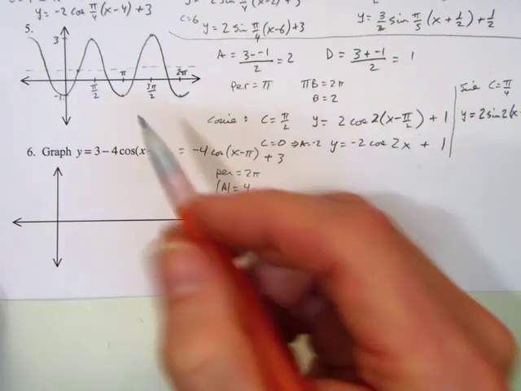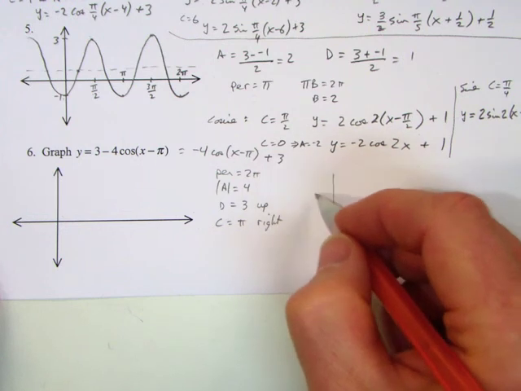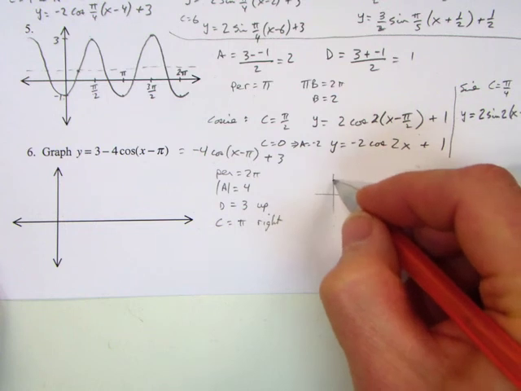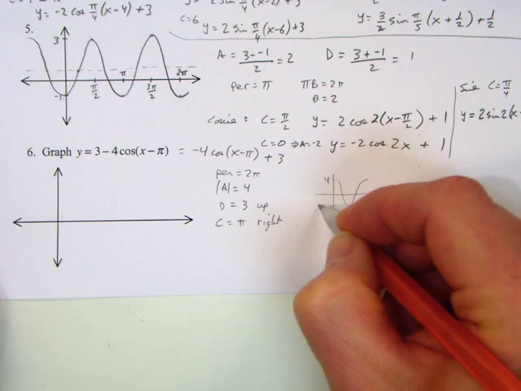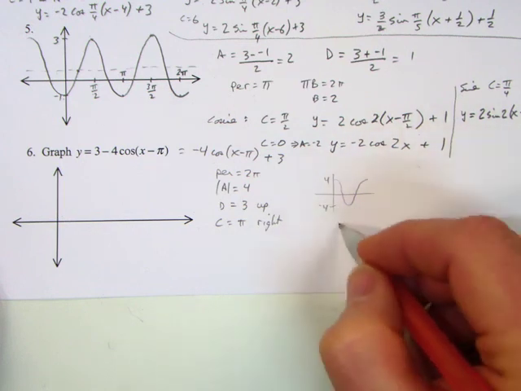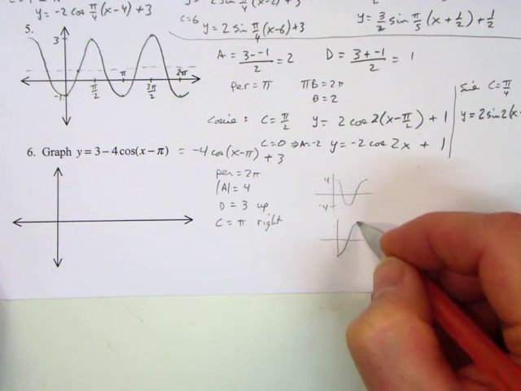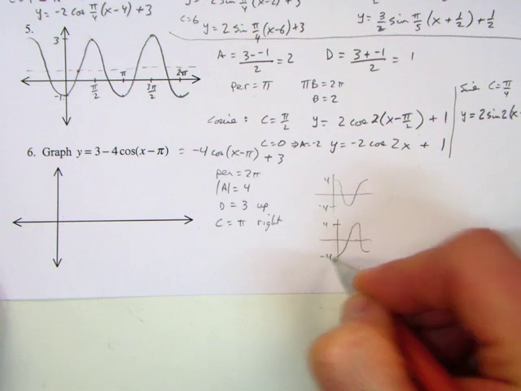So when we're doing this, if we're just dealing with the multiplication part, what that's going to do is it says our normal cosine starts like this, and this value would be 4 and -4, but then it's flipped over because that's a -4 coefficient.